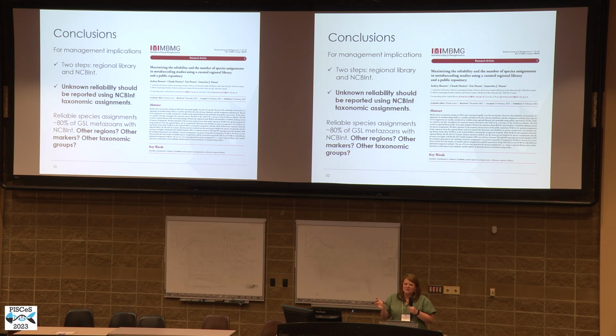First, using a regional library that can provide reliable species assignment, and then not neglecting the use of NCBI NT because the reference library still lacks some reference sequences. And we also recommend reporting that we sometimes have no clue about the reliability of the taxonomic assignments that we're doing using NCBI NT.